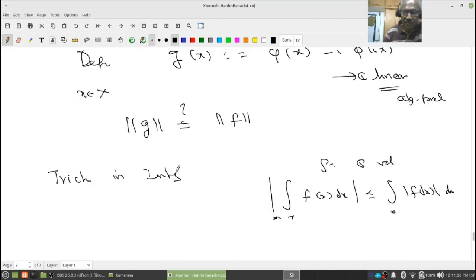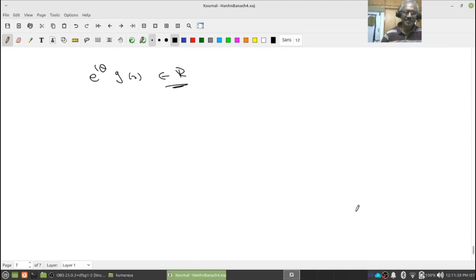This is the same trick which you used here also. After this, you should go back to your integration book and try to see this kind of argument. But what is e power i theta times g of x? This is real, but since g is complex linear, it is the same as g of e power i theta x, because g is complex linear.